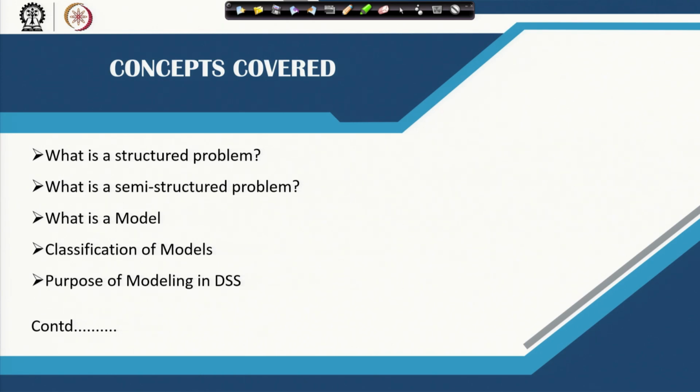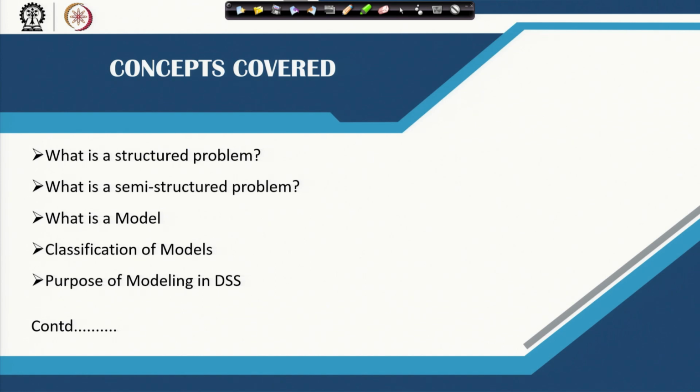These are the concepts covered in this module, as we have mentioned earlier. What is a structured problem, what is a semi-structured problem, what is a model, classification, and purposes of modeling. All these we have covered. A structured problem is very routine: we can put the problem into some predefined structure and get a mathematical model out of it.